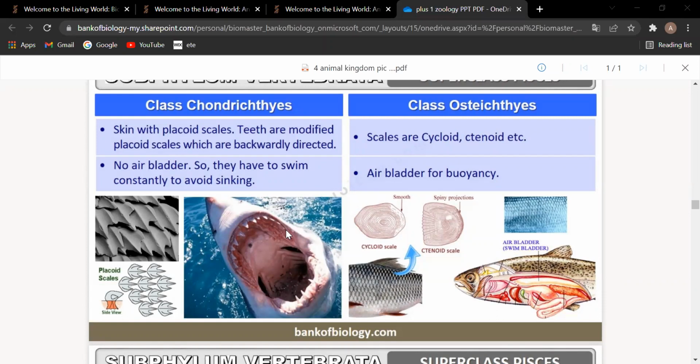There is no air bladder present at all. So Chondrichthyes have to swim 24/7. Whereas in Osteichthyes, air bladder is present, so they can maintain buoyancy. Buoyancy means they can float, and they float easily. So that is no air bladder versus presence of air bladder.